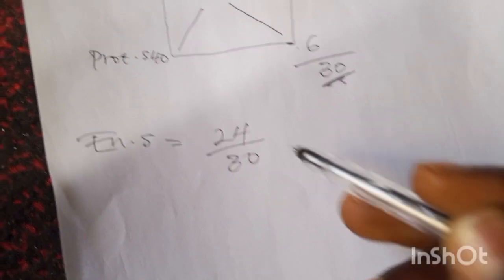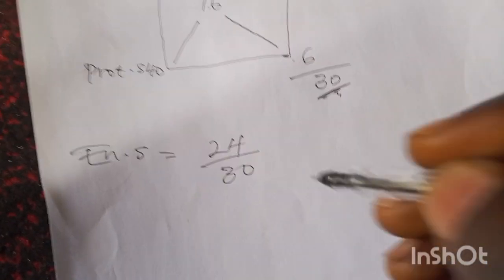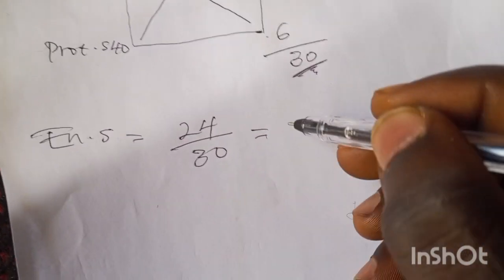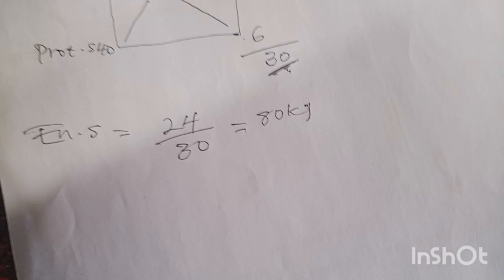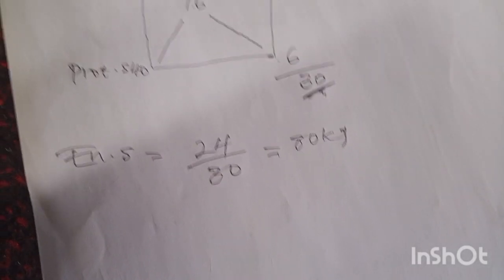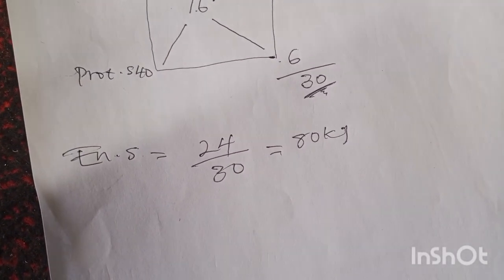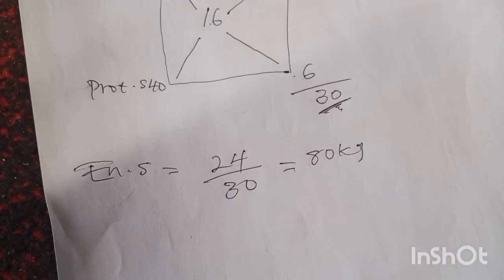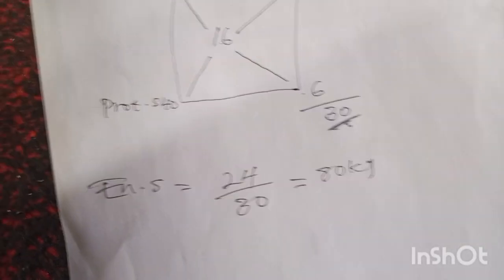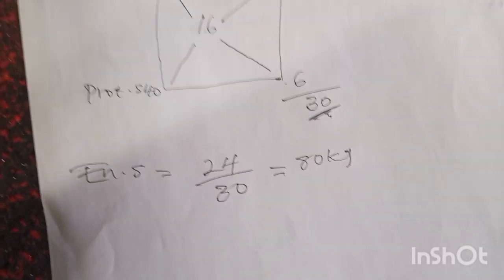So this is 24 all over 30. 24 divided by 30 will give us what? 80 kg. Do you understand now? That simply means out of the whole feed formulated here, the energy source will give us 80% of it. 80 kg. We are getting 80 kg from this energy source.